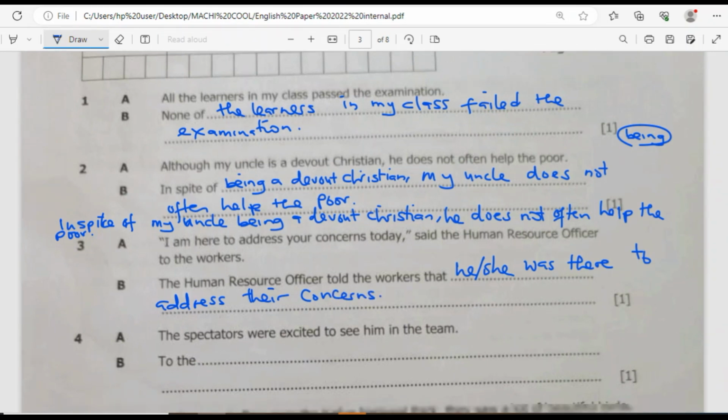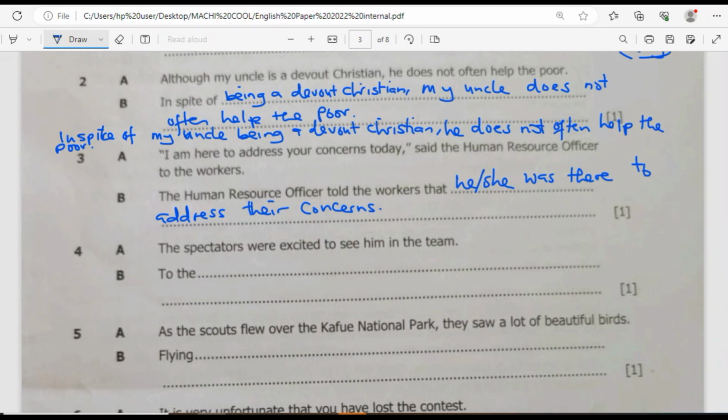Okay, so we can move to the other one. The spectators were excited to see him in the team. So they were very happy to see this person in the team. We don't know who the person is.